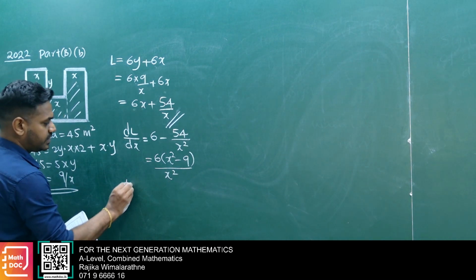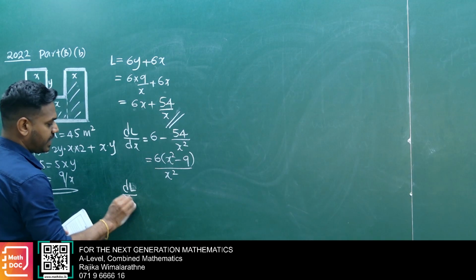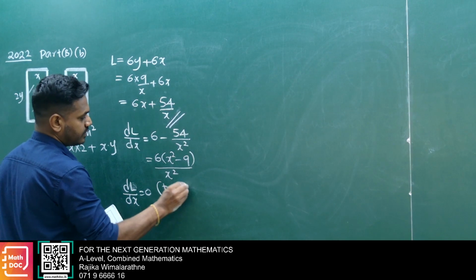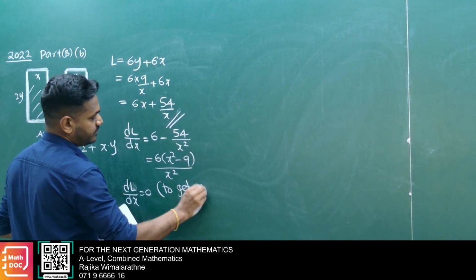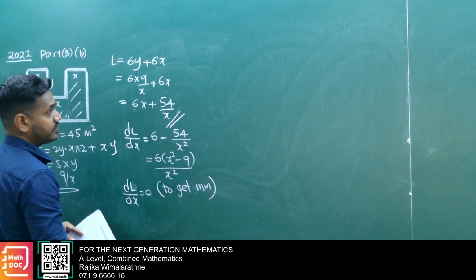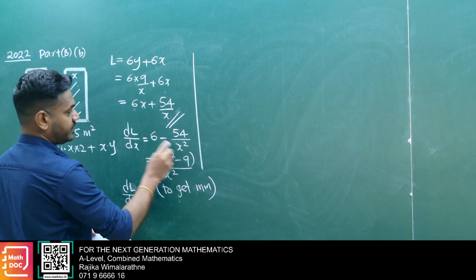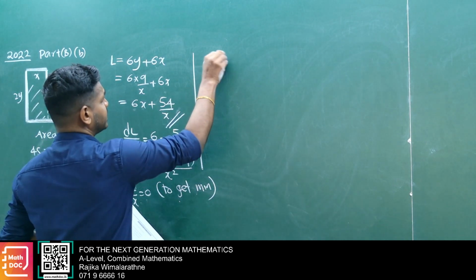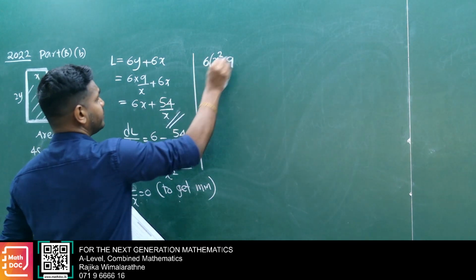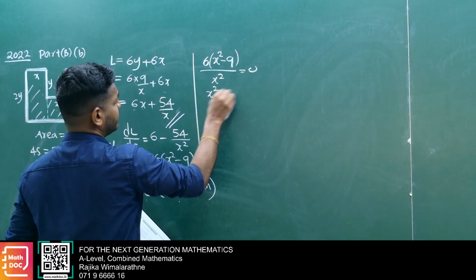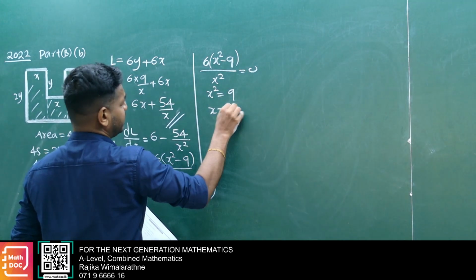Then you have to solve dl divided by dx equals 0 to get the minimum. Therefore dl over dx equals 0, so x squared equals 9, x equals 3.